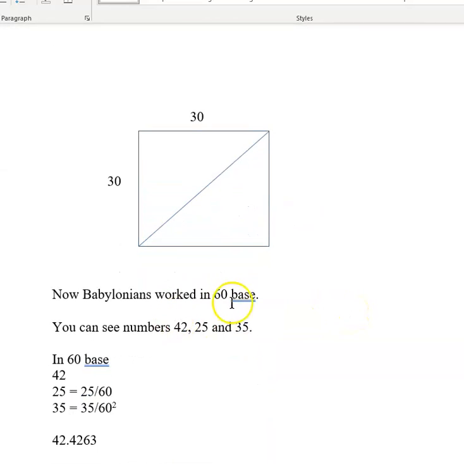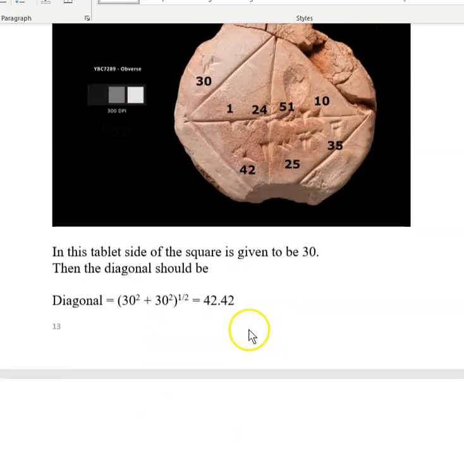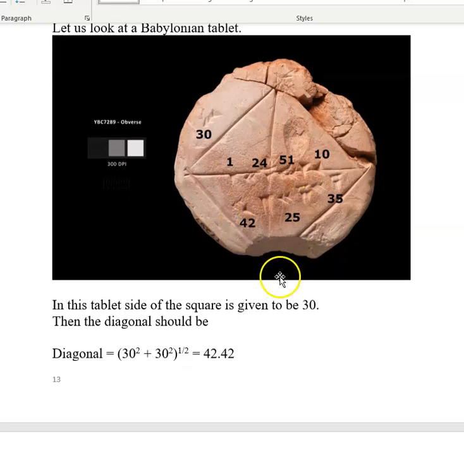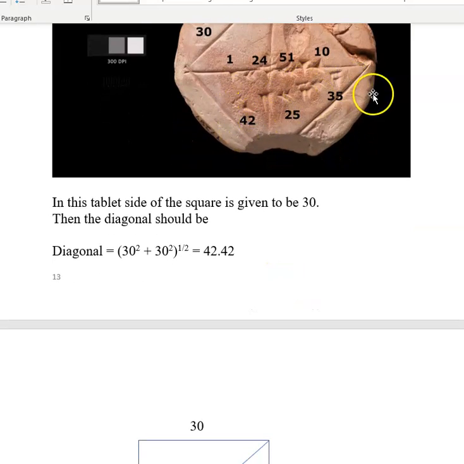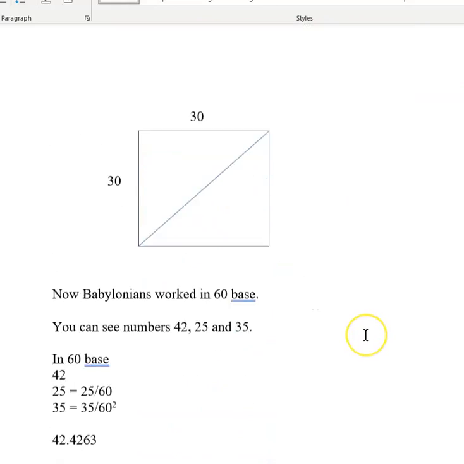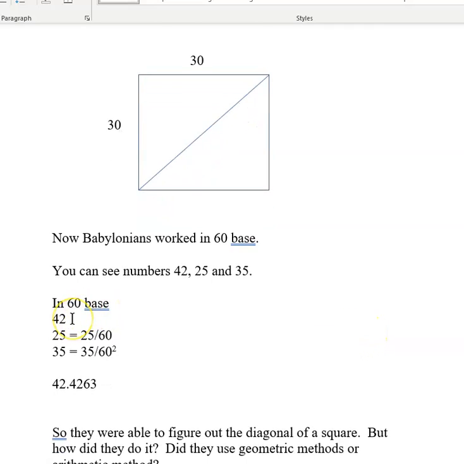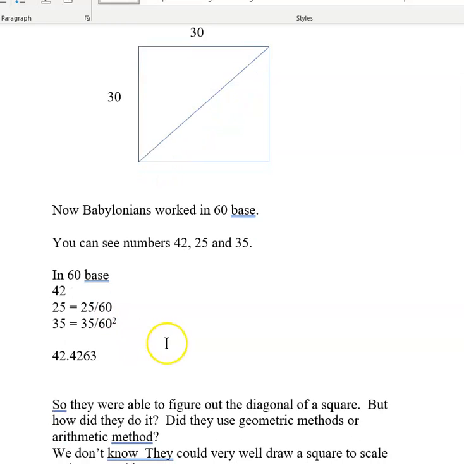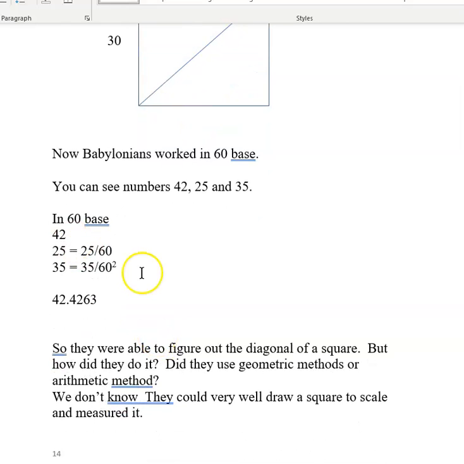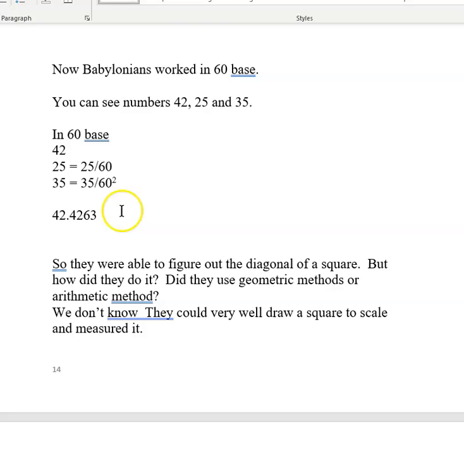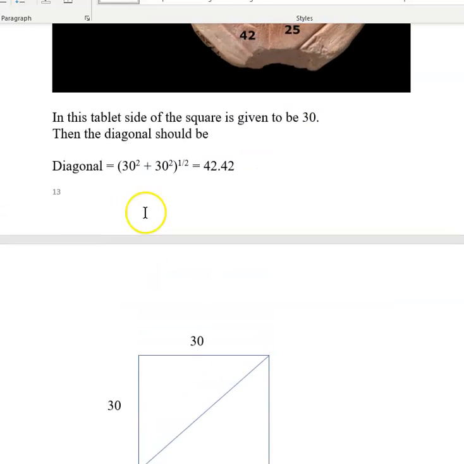Now the Babylonians worked in base 60. You can see the numbers 42, 25 and 35. In base 60, 25 is 25 over 60, 35 is 35 over 60 squared, etc. And it comes to 42.4263.